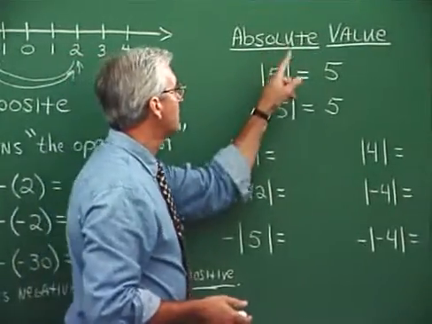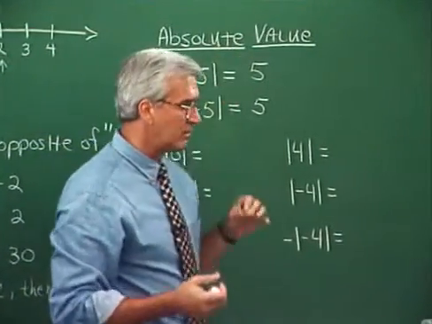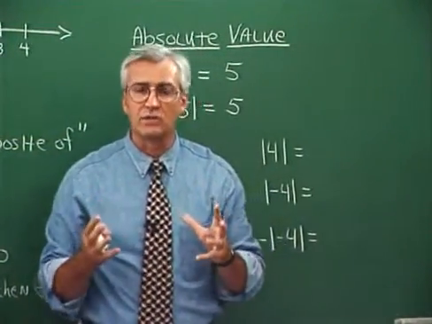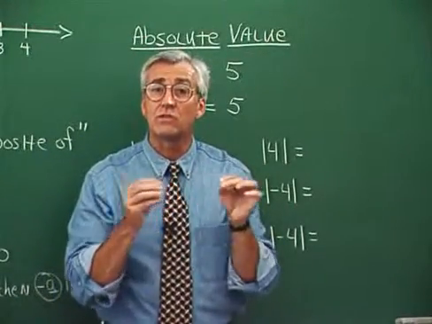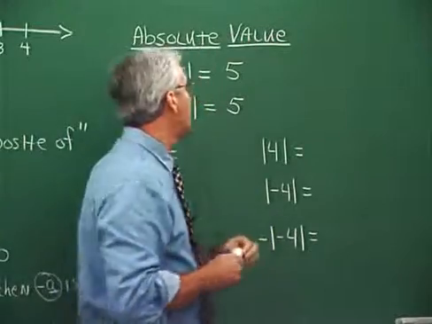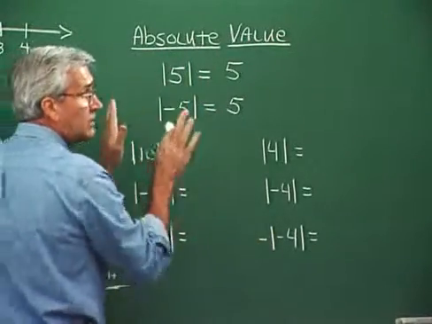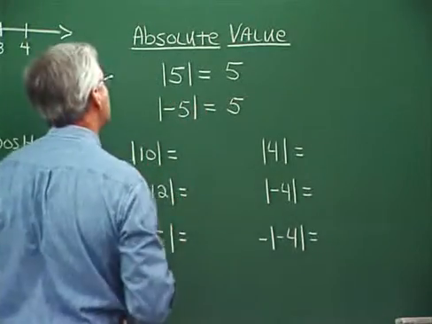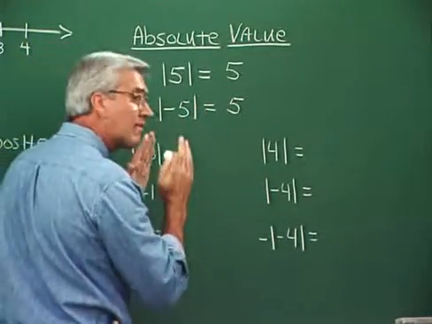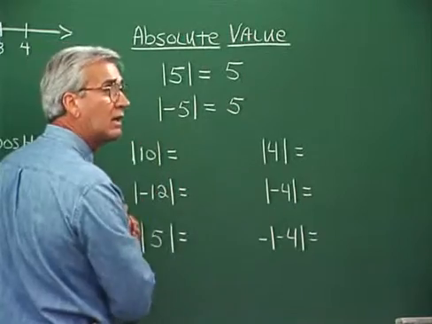The notion of absolute value, we can think of it as an operation. The operation of absolute value has to do with distance from 0 on the number line. Let's take the definition of absolute value as distance from 0 on the number line.